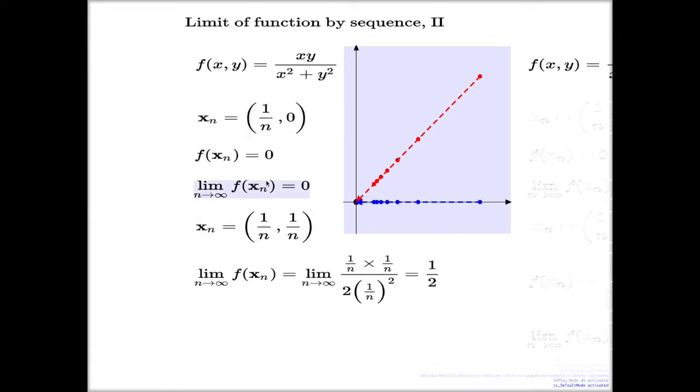Just sub in 1 on n across this one, it will be 1 on n square over 1 on n square plus 1 on n square. It's double of 1 on n square. It's exactly what you see here. It's 1/2. So across two different sequences, the function delivers two different limits.